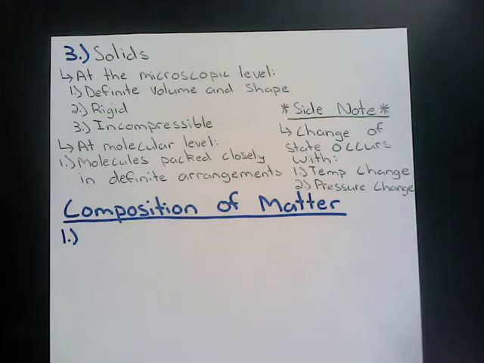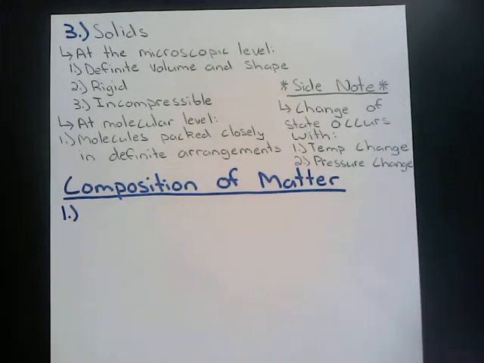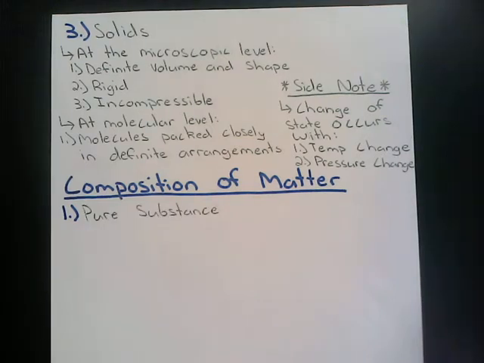So the first type of composition that we deal with in this class is that of pure substances. And so pure substances are defined as matter with distinct properties and a fixed composition.